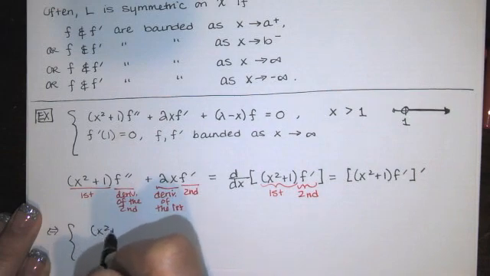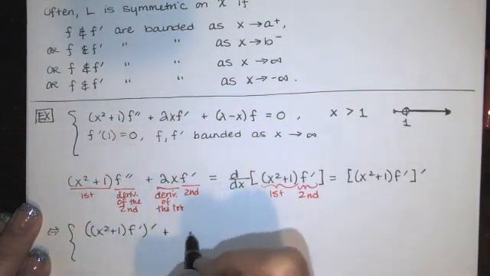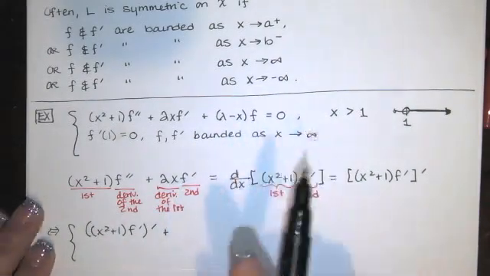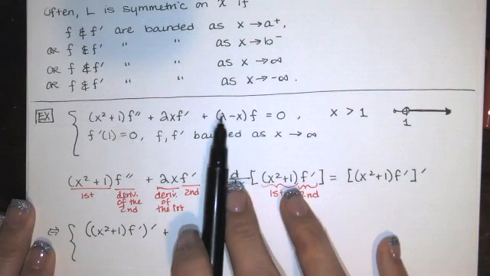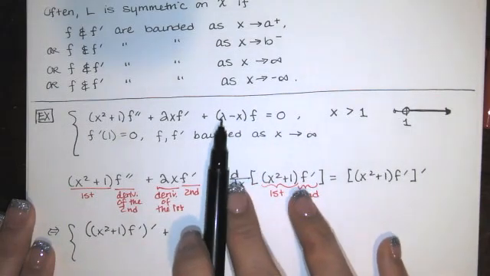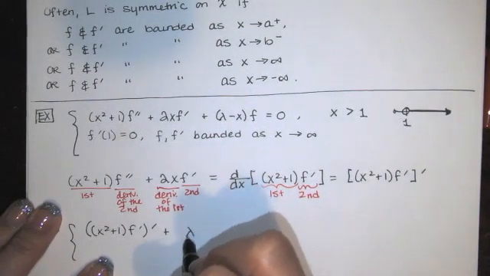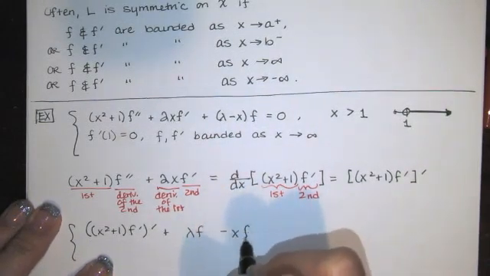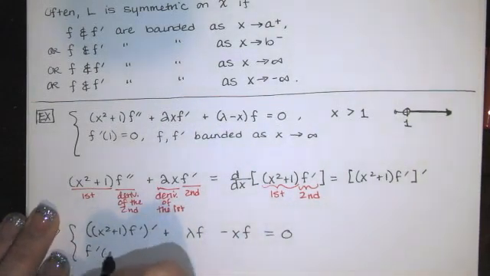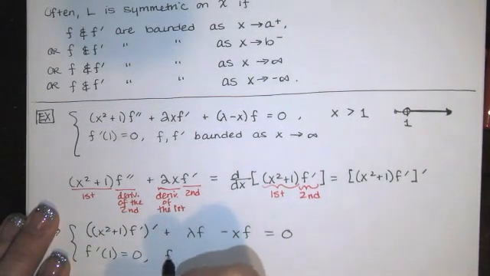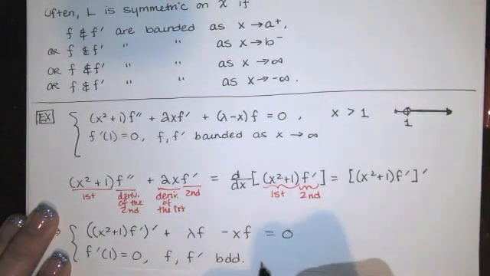I've got x squared plus 1 times f prime, plus, looks like here I've got a negative x times f and a lambda times f if I distribute. I've got that. And I'm going to use the abbreviation BDD for bounded.